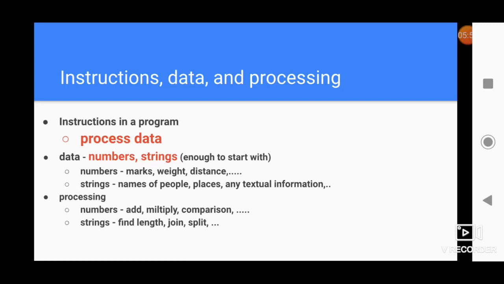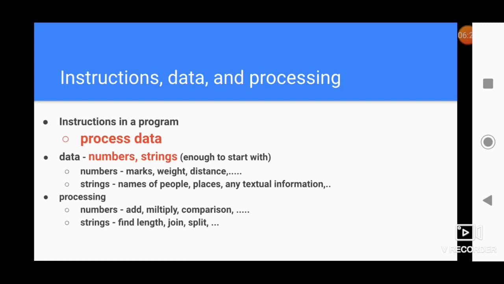But at this level of our consideration of Python programs, when we want only to write small beginner level programs, we consider only two types of data. The first one is numerical data, and the second one is textual or string type data.